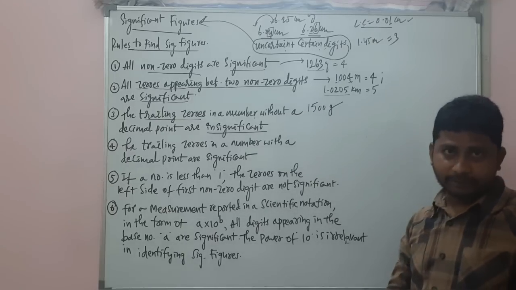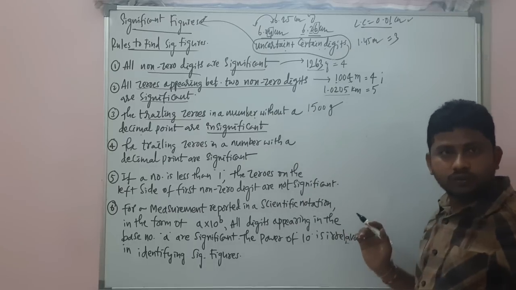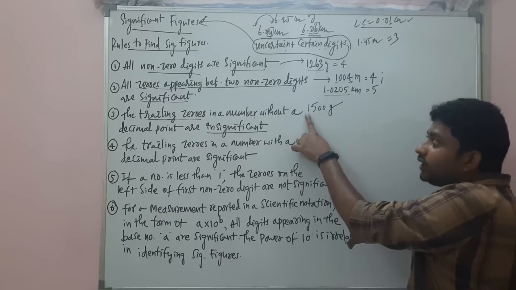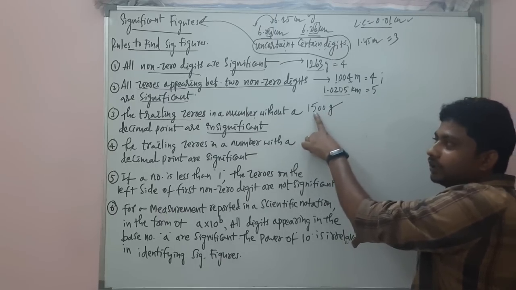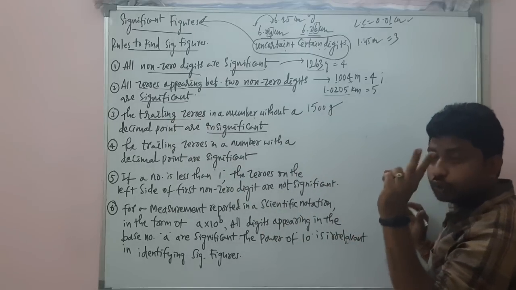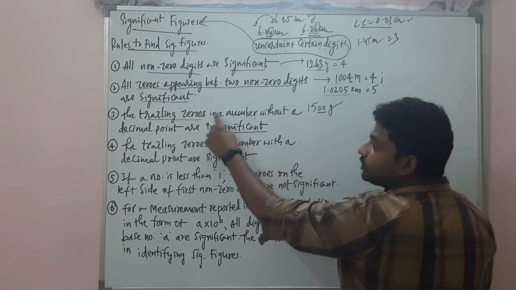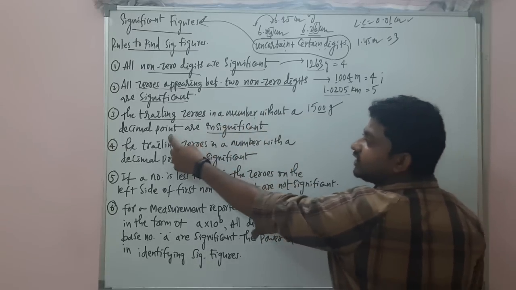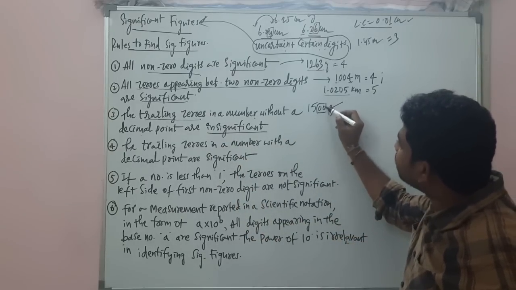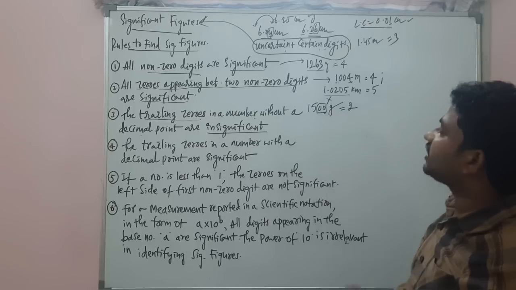Is there any decimal point in the measurement? No. Never. See, there's no decimal point here. When no decimal point is included in the number, how many trailing zeros are there? 2. These trailing zeros in a number without a decimal point are insignificant. So you should not consider them in the significant figures count. So the total number of significant figures is 2 here.